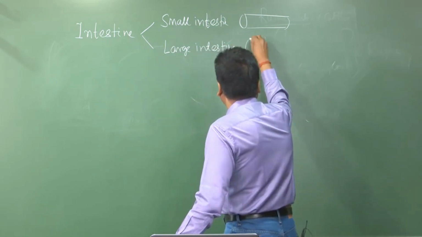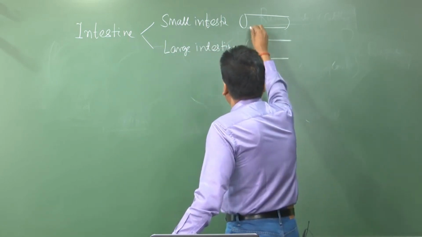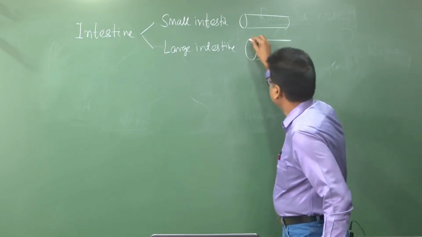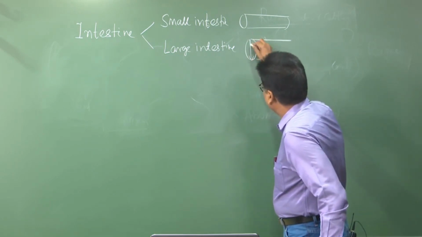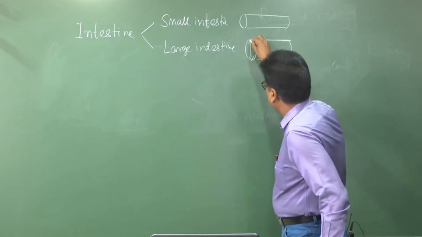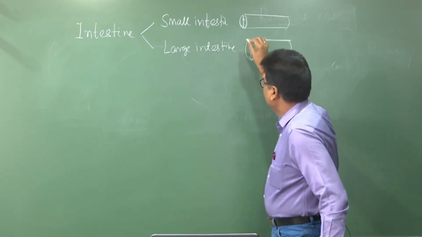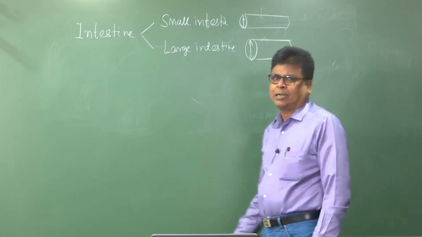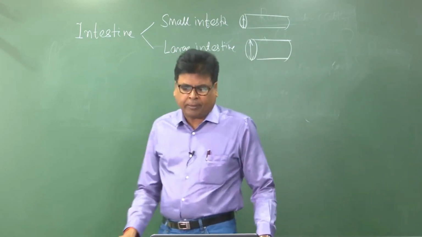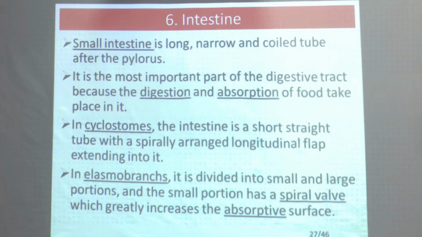In this case the diameter is more in comparison to the small one. You see this is the diameter, so the diameter is more, and this one is less. So small diameter is the small intestine, and large diameter is the large intestine. So it is named as per the diameter. The intestine follows the stomach, and in this session I shall mostly focus on the small intestine, and in some cases I shall also tell about the large intestine.